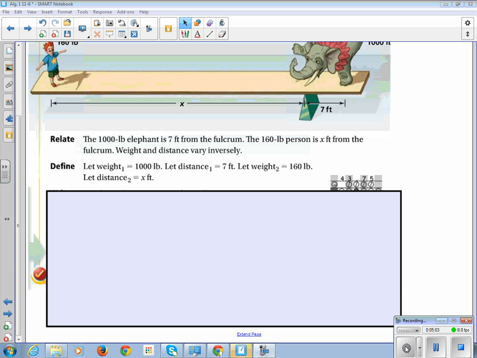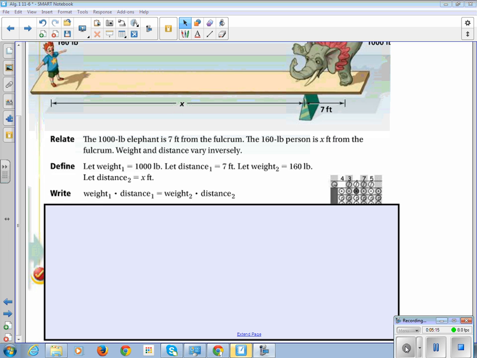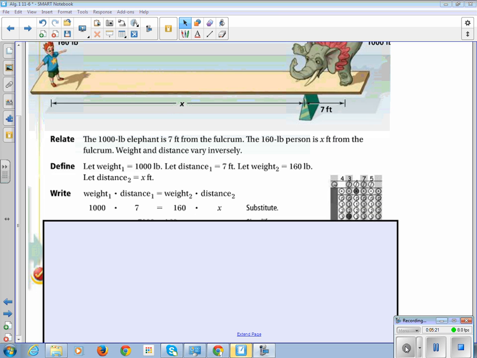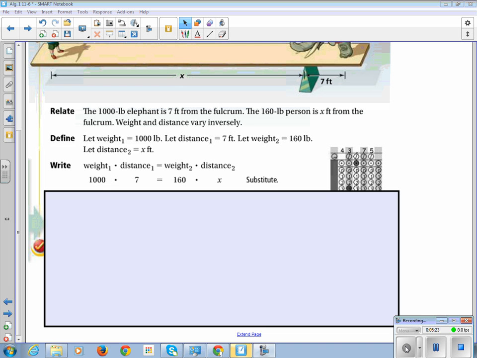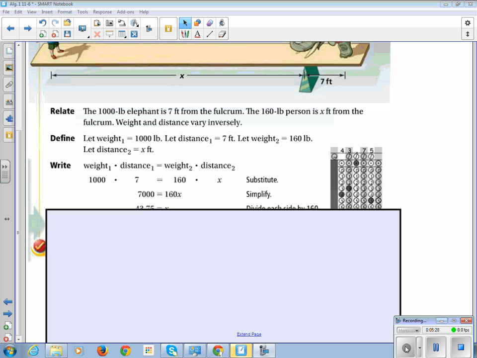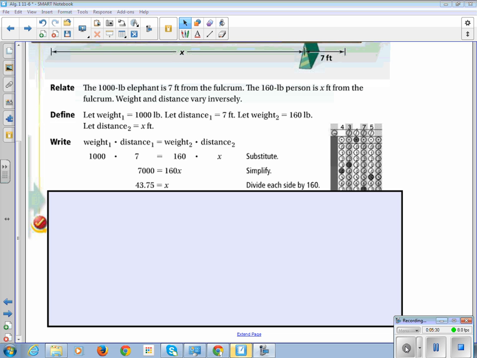So let's get our variables together. Weight 1 is 1,000. Distance 1 is 7. Weight 2 is 160. Distance 2 is x. So weight 1 times distance 1 is equal to weight 2 times distance 2, because they're balancing. That would be 1,000 times 7 equals 160 times x. 7,000 equals 160x.